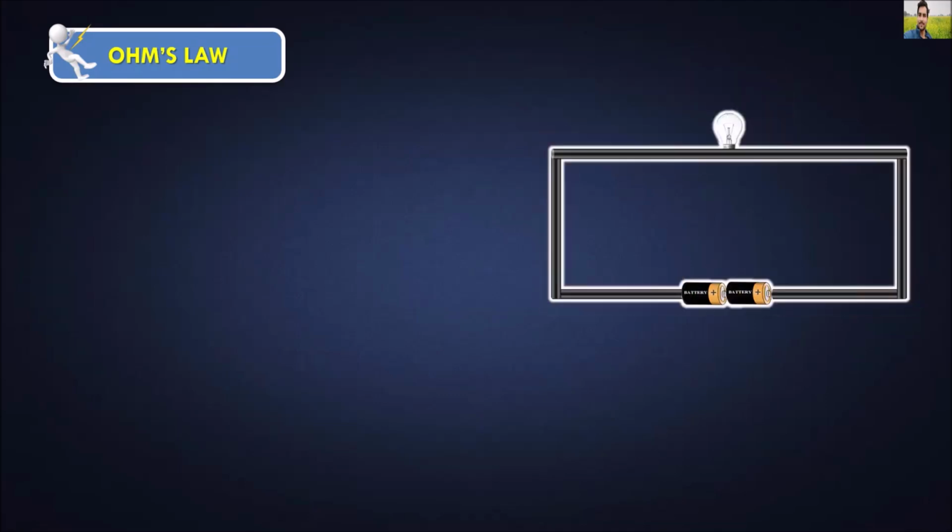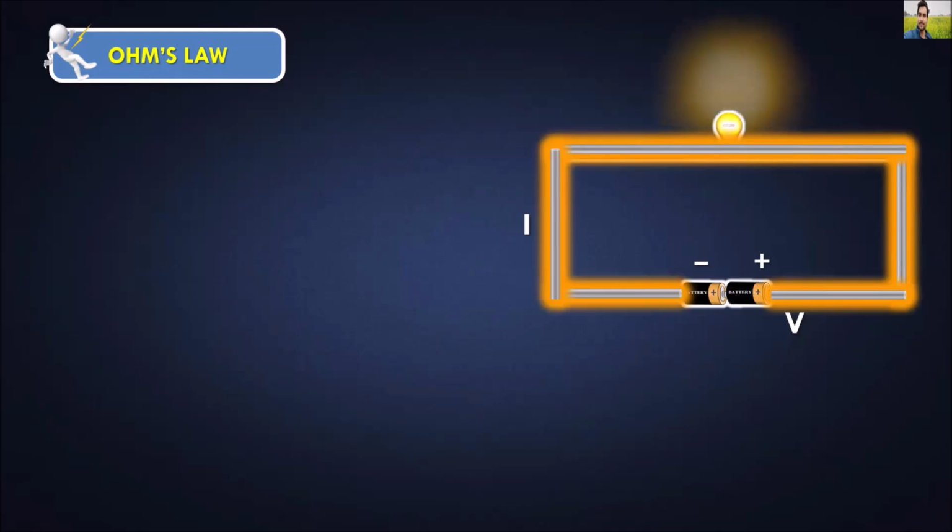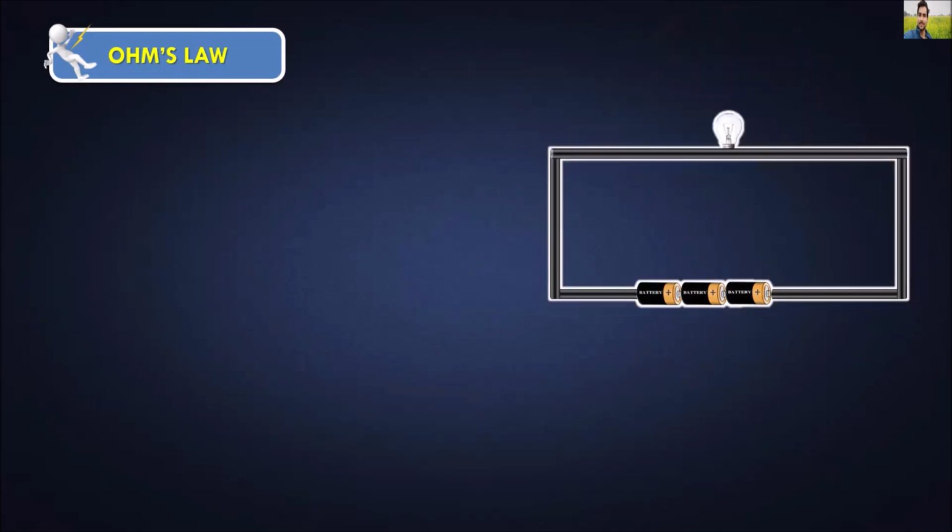Now we add one more cell. Due to the potential difference, electric current I will be induced in this circuit, and this time the bulb glows brighter.